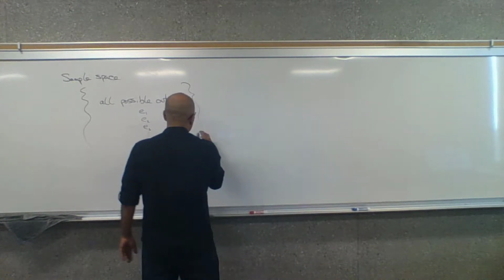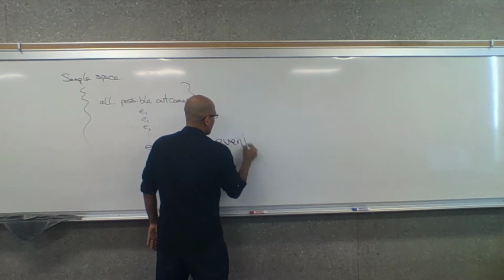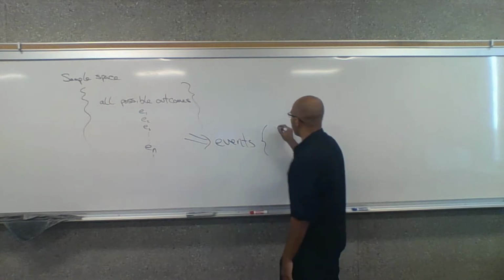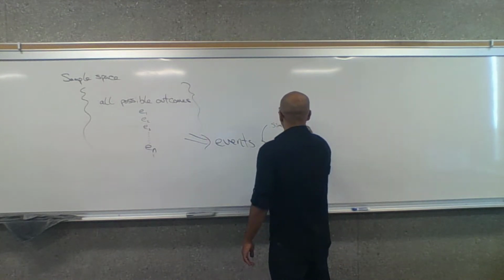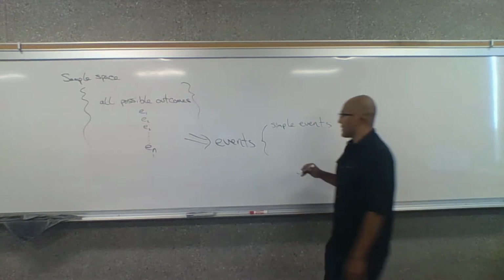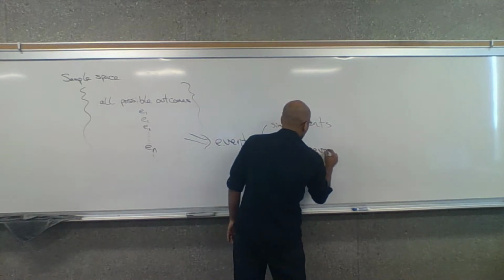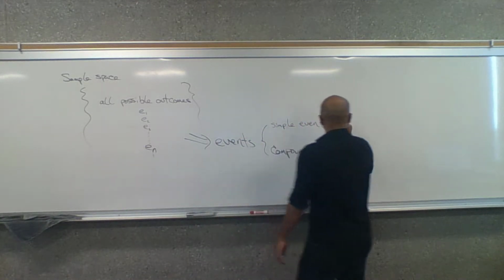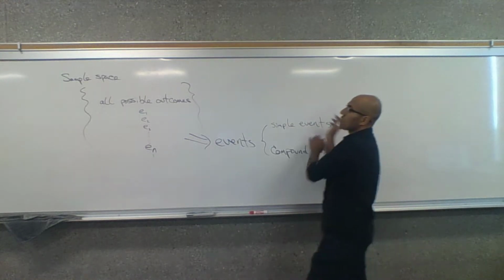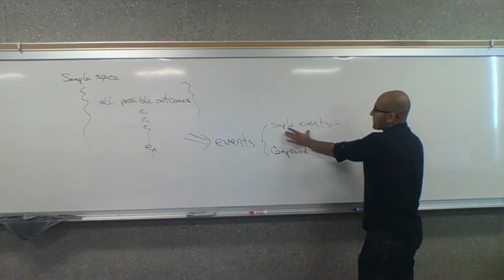So from there, we're looking at events. And events come in two shapes. One of them is simple events, and the other is compound events. The difference is that a simple event is described by a unique, single outcome, which is why it's called a simple event.